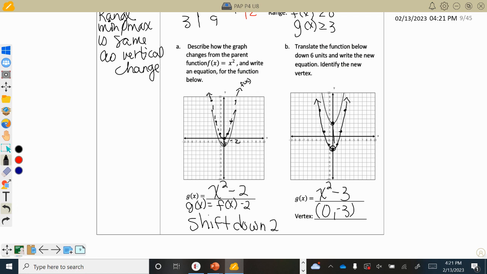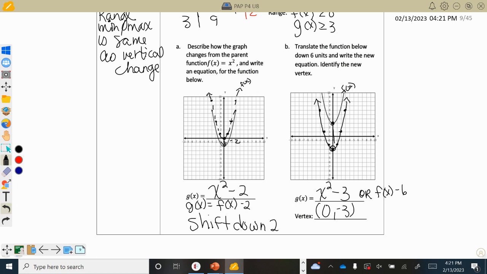Or f of x minus 6. If this one is f of x, our original one, then we can write this as f of x minus 6 because we went down 6 units.